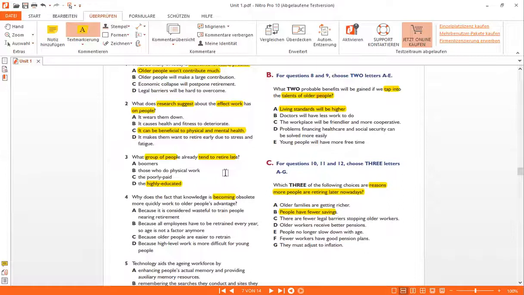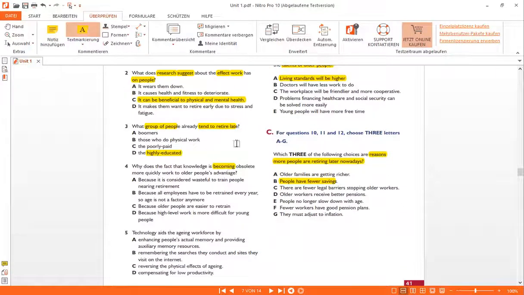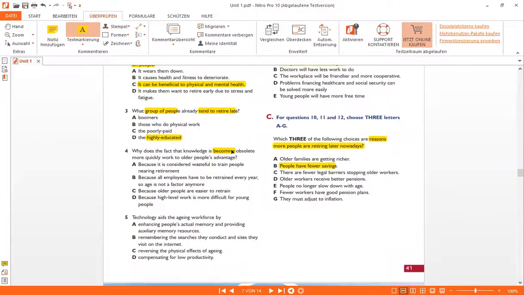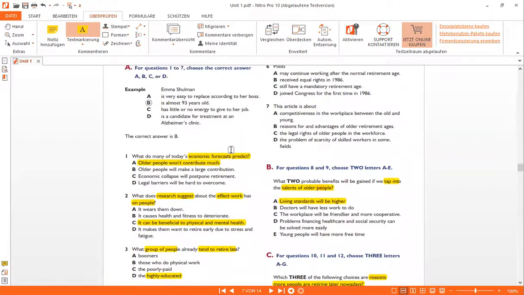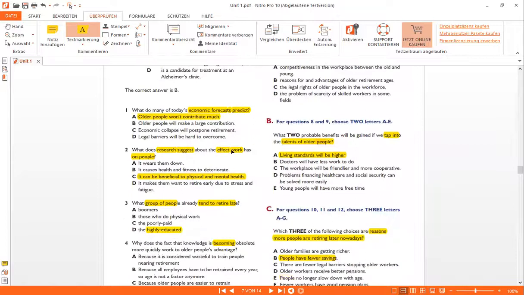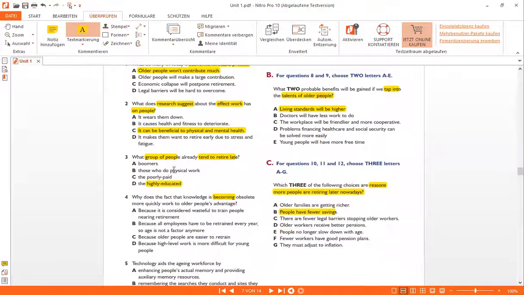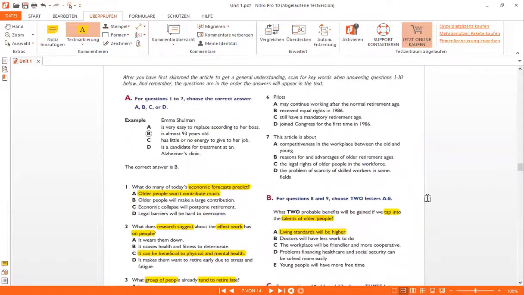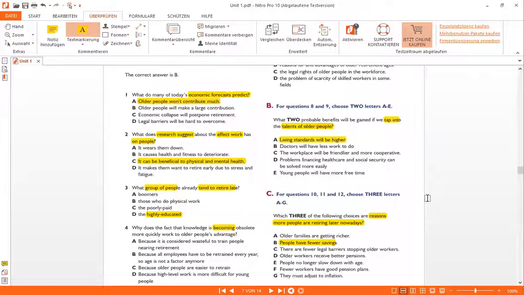Retire late is the opposite of they work well into their older years. All right. Number 4. So go ahead and try to figure out, highlight keywords for the remaining 4 questions, scan them, continue from where we left off to answer this question, and then compare your answers with those in the last question. So exercise B, what 2 probable benefits will be gained if we tap into the talents of older people?